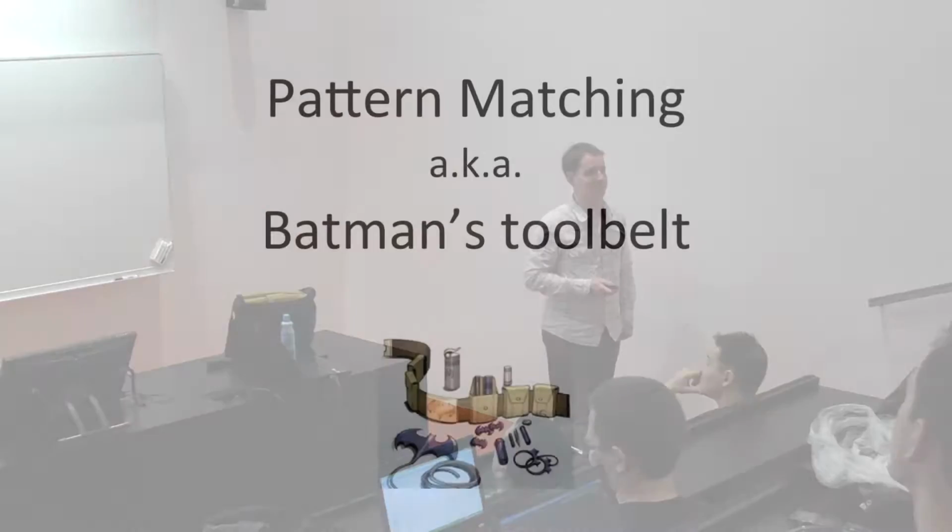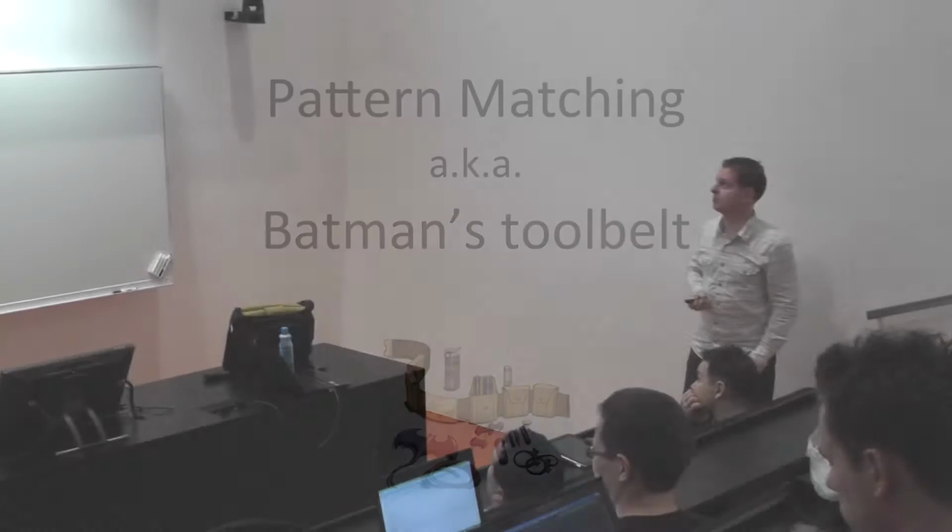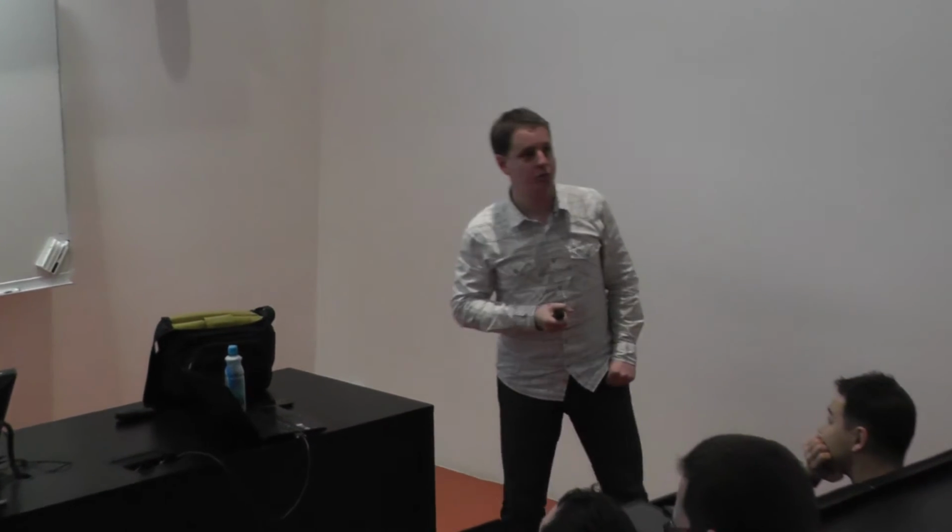It's rather Batman's tool belt. There are a lot of tools you may use, not just for matching against constants, because in a switch statement in Java you may use only literals of primitive types, enumerations, and newly in Java 7 also strings. With a match expression you may use much more than that.